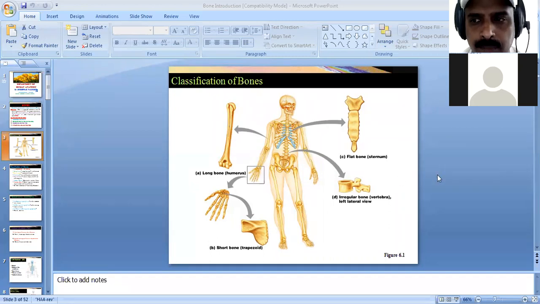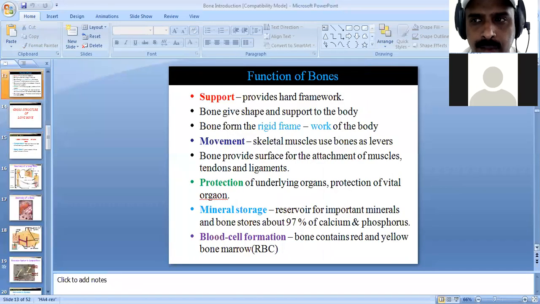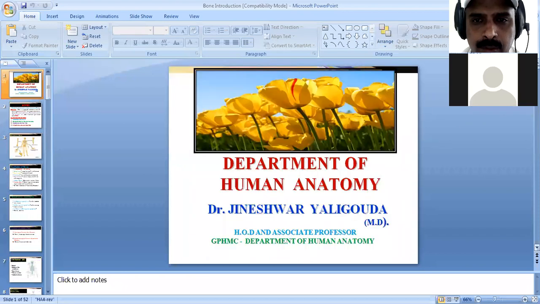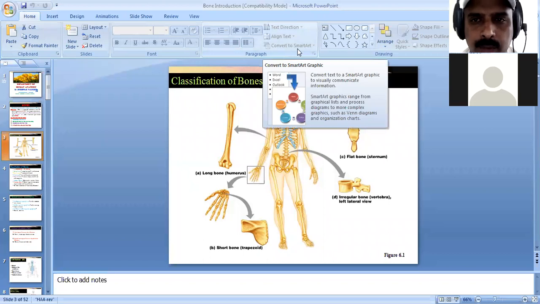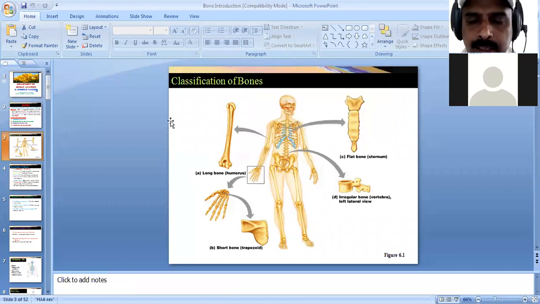We have the long bone, then the flat bone, then the small bones, then the irregular bones, and also you have to know the sesamoid bone and pneumatic bone.